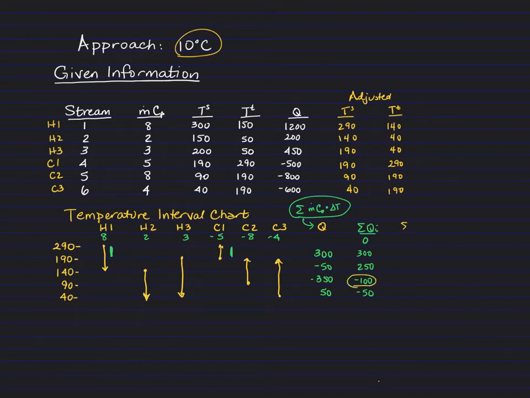And so this will be my actual residuals here, but I'm going to start by having heat addition so that I never go negative. So I'm going to start with 100. So opposite sign there. This is going to be my hot utility need.